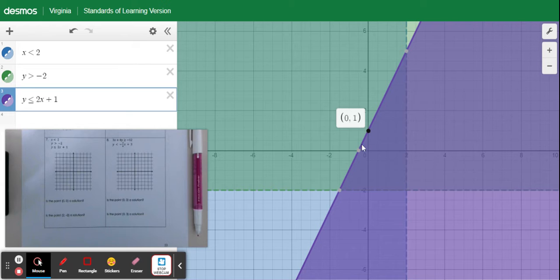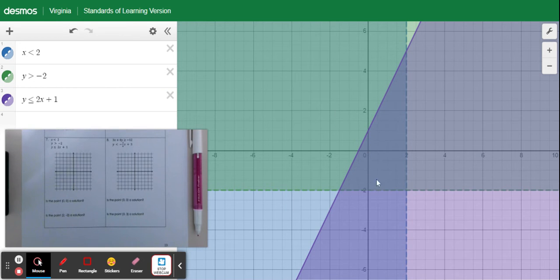So 0, 1, solution. Negative 0.5 or negative 1/2, solution. Negative 1.5, negative 2, a solution. But right here, 0, negative 2 is not a solution because it falls on the dotted line portion. 0, 0 is clearly a solution.